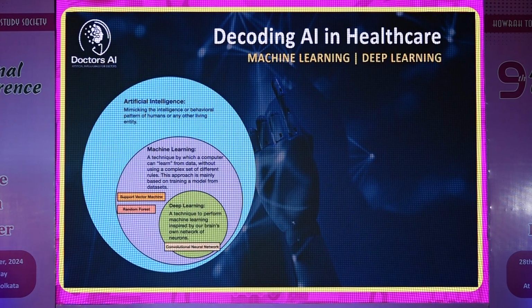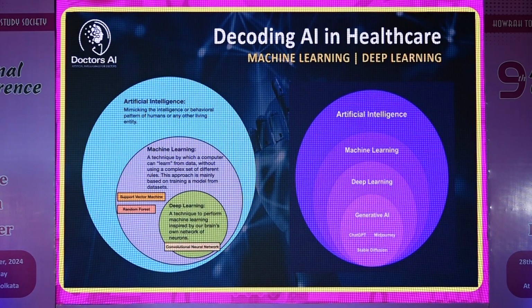So where does this whole spectrum of artificial intelligence fit? What about these terms that I'm talking about, ML, machine learning, or deep learning? If you look at the whole spectrum of AI, a part of AI is machine learning, which is basically reasoning and learning from a huge set of data and giving you some kind of predictive analytics. A part of machine learning is deep learning, which is mimicking the neural networks in our brain.